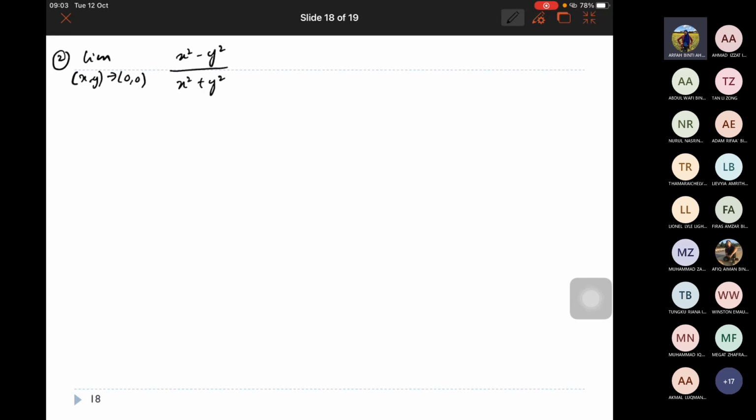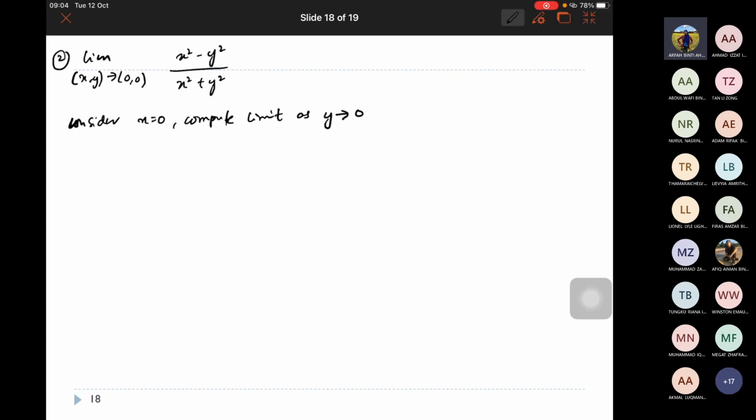First thing first, consider, since it says to evaluate the limit, we have to look from two paths, okay? As x approaching 0 and y approaching 0. So the first one, consider x equal to 0. Compute the limit as y approaches 0.